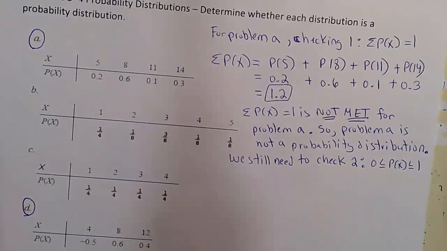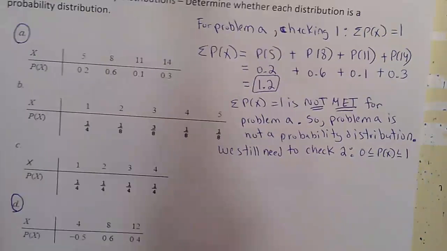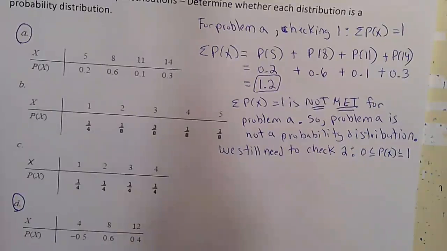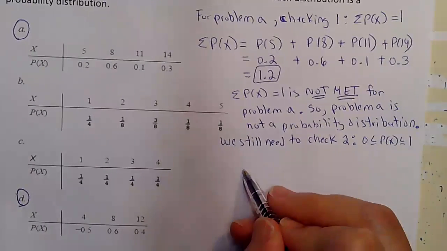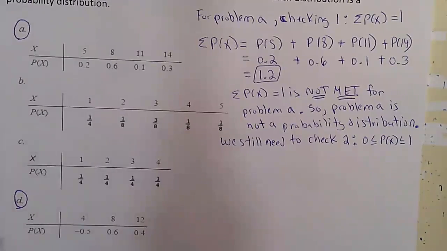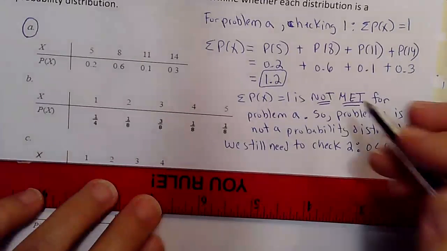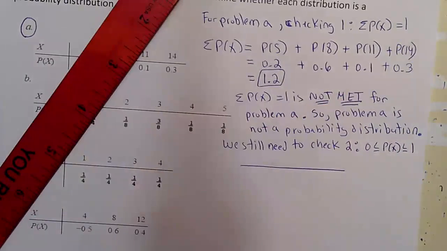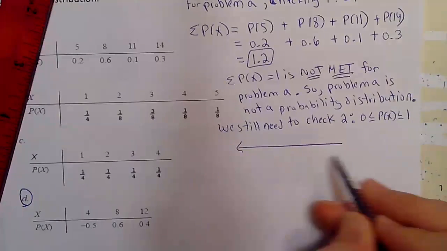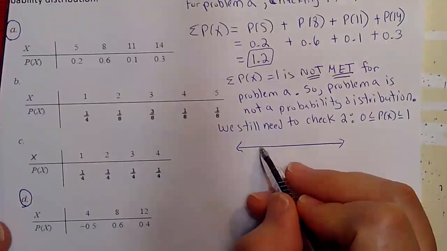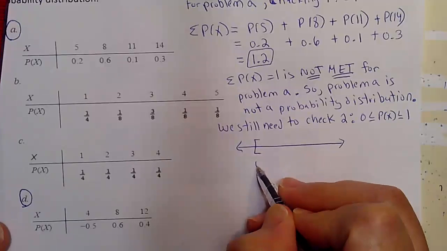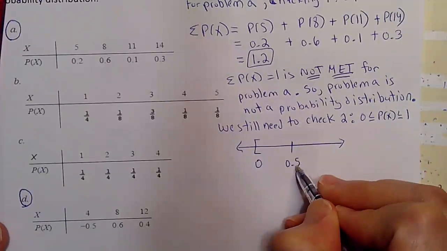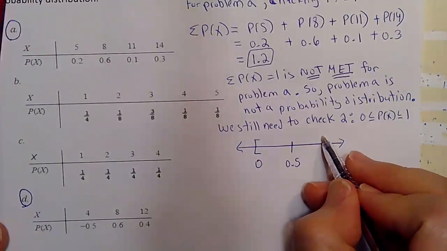What we can do for this one, we can do 2 things. You could also do a picture. If you want, you could draw a number line, and then draw 0, here's 0.5, and here's 1.